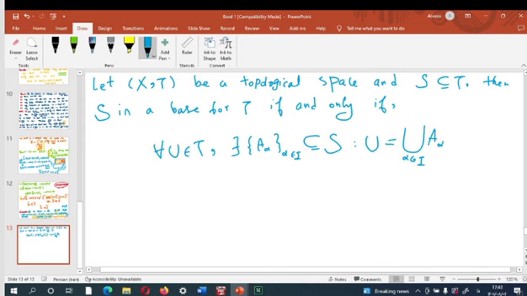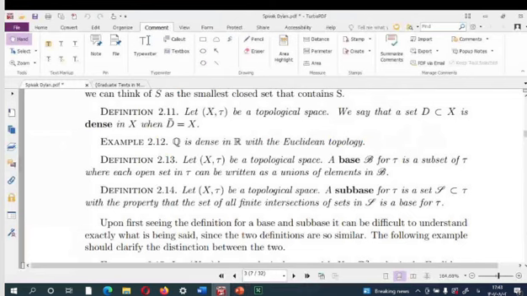For each U, there exists a family in S such that U is the union of the elements of this family. Please pay attention.